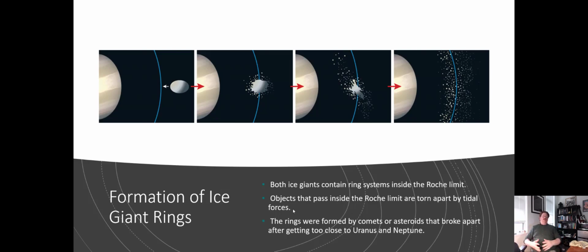It actually fell into these worlds, passed through that thing I refer to as the Roche limit, and they got spaghettified. They got stretched out to the point that they collapsed, or they got ripped apart. And that material then got gravitationally captured into a stable orbit and created these rings.